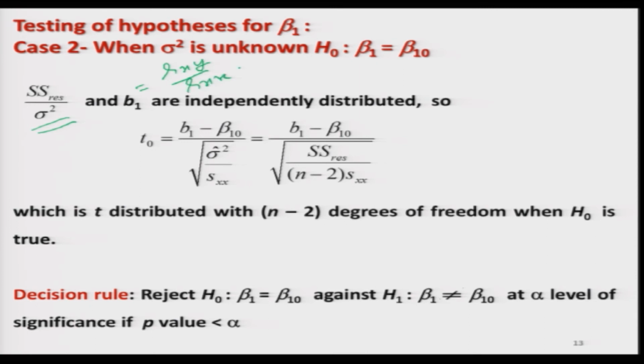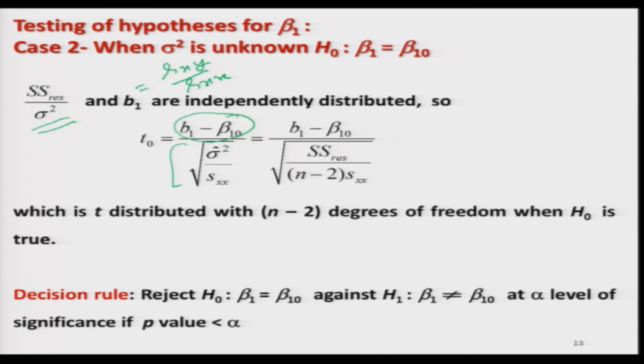These two quantities are independently distributed, although I am not proving it here, but that is pretty simple. If you can show that these two are independently distributed, which they actually are, you can try, then (B1 minus beta 1 naught) divided by the standard error of B1, which is the square root of sigma square hat upon SXX.